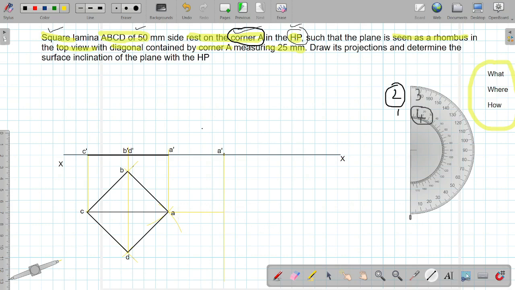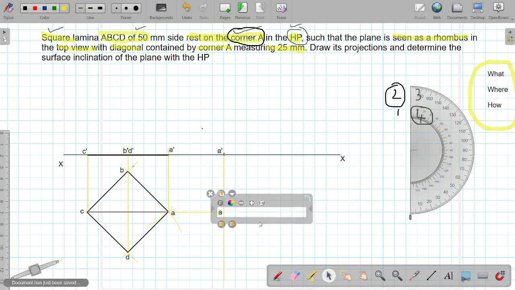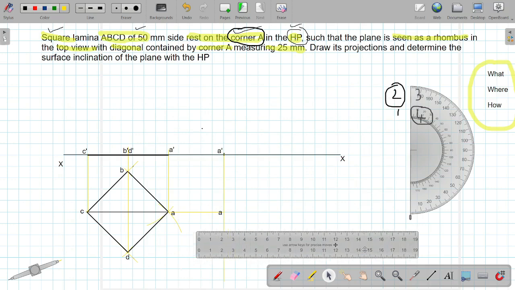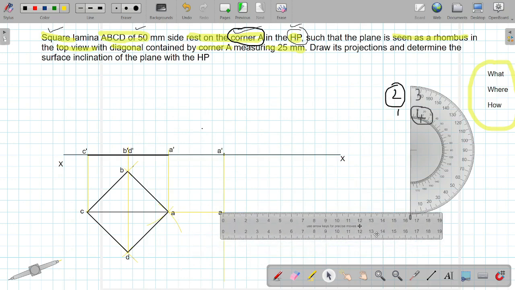And wherever they intersect, that will be named as A. Now as per the question, it is given that the diagonal will be measuring 25 mm. So I will measure the diagonal from this point A, 25 mm, just by means of a light line.